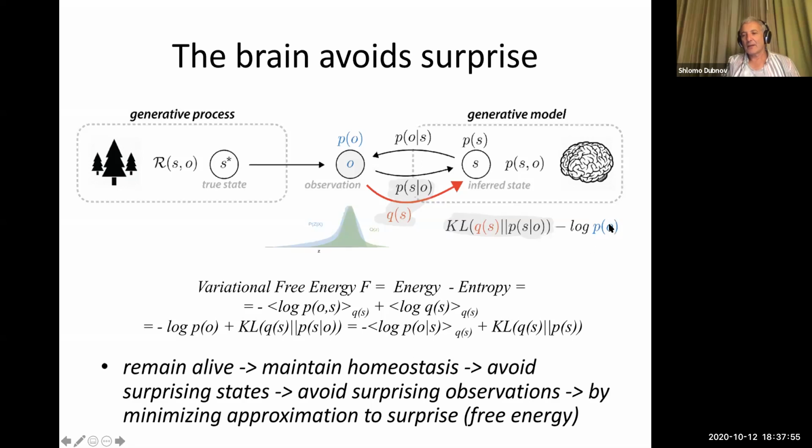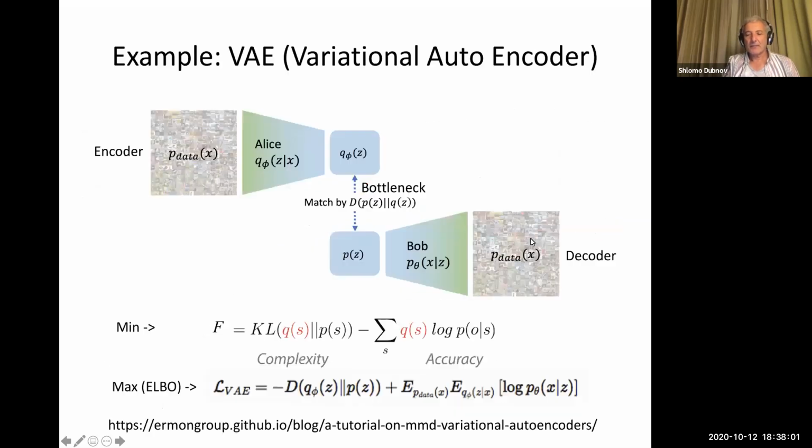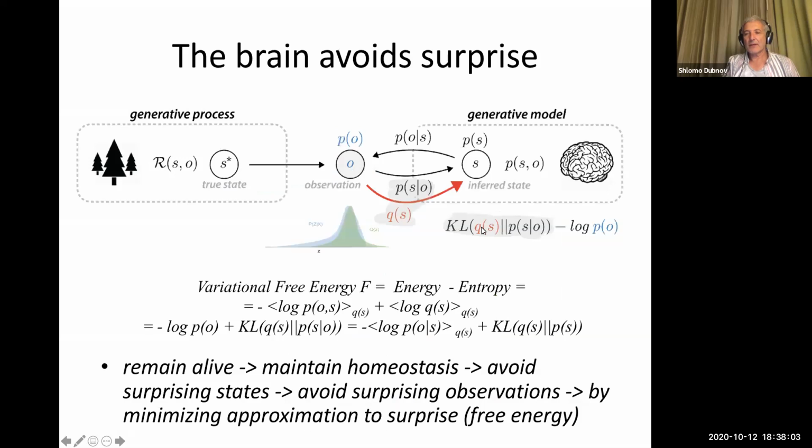This aspect, which is the negative log probability, we call surprise. So the brain avoids surprise, but also it tries to match the underlying hidden causes. The whole idea here is that remaining alive means some homeostasis or adaptation to the environment, which is done by avoiding surprising states, which means avoiding surprising observations.